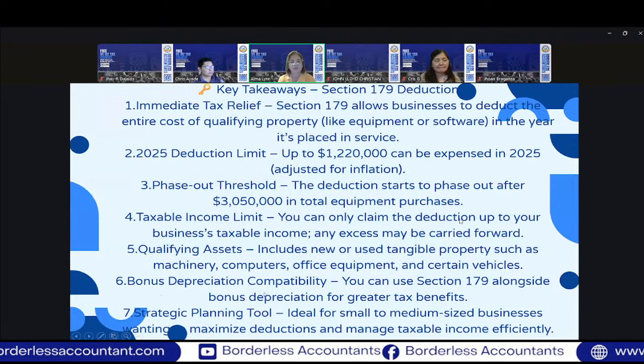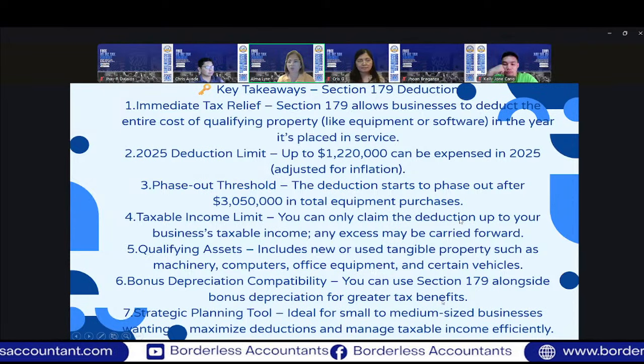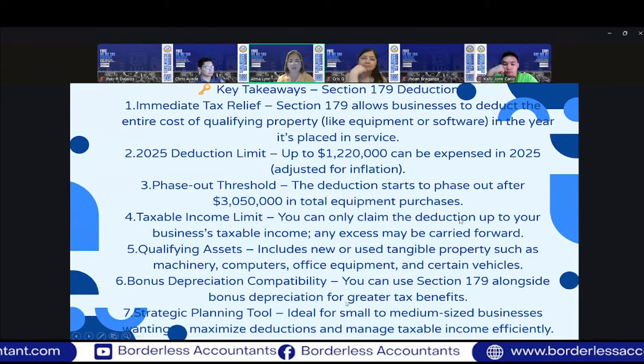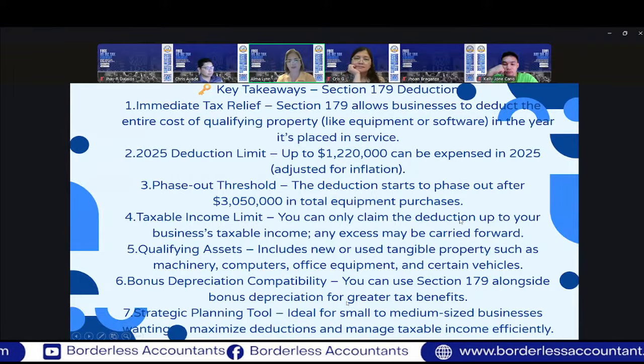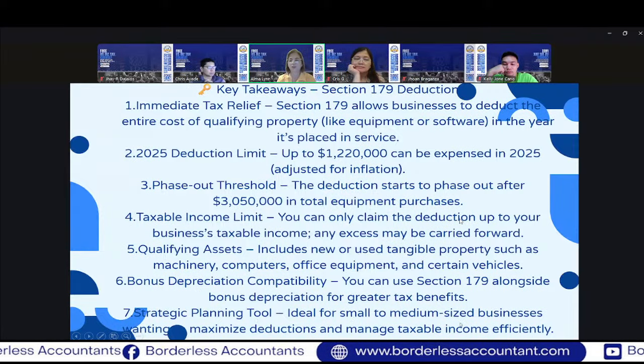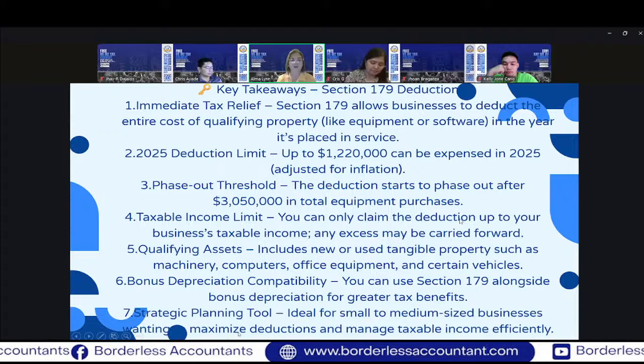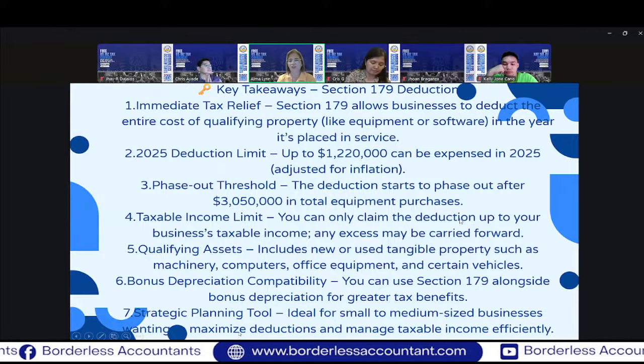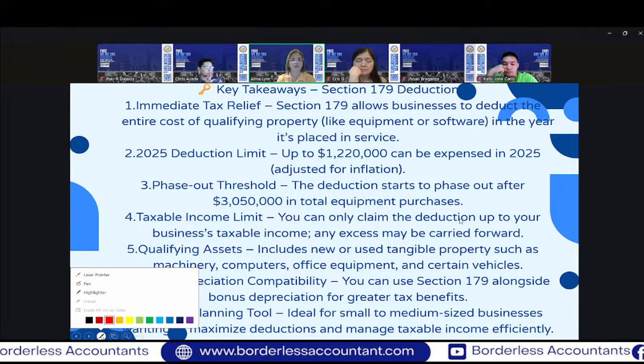Bonus depreciation compatibility: you can use Section 179 with bonus depreciation for greater tax benefits. Strategic planning tool, ideal for small to medium-sized businesses wanting to maximize deductions and manage taxable income efficiently.